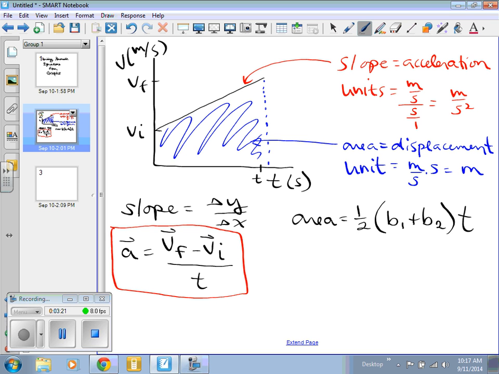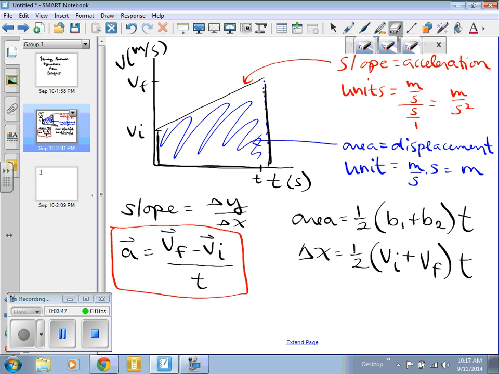Now, if we know the area is equal to the change in position, base 1 is this length right here, so that is v initial. Base 2 is this length here, which is v final. And the height is this length here, which is t. I messed up that. I got ahead of myself. This should be height.